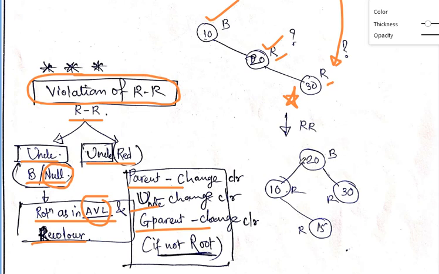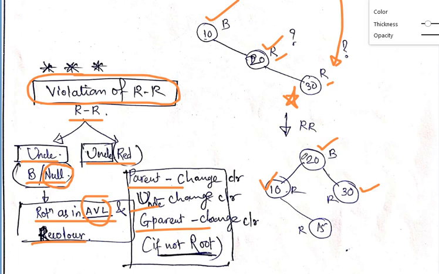For the RR rotation, 20 will take the root location, 30 will be as it is, and 10 will be to the left of 20. After rotation, 10 is red in color.